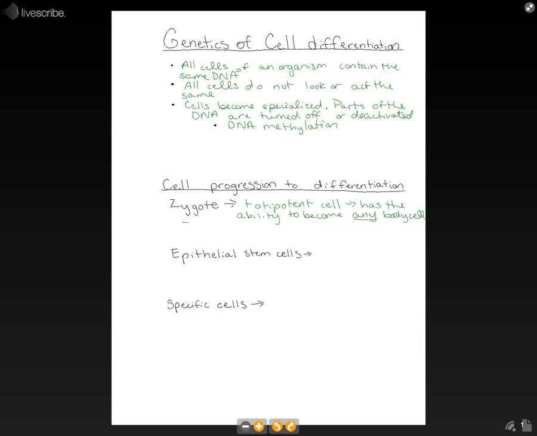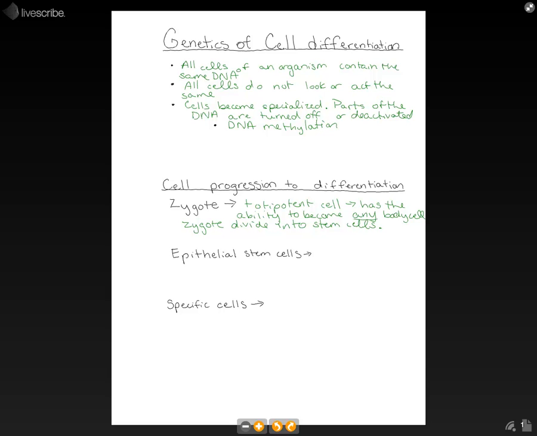So our zygote is going to divide into stem cells. There can be many divisions between that zygote and the stem cells.